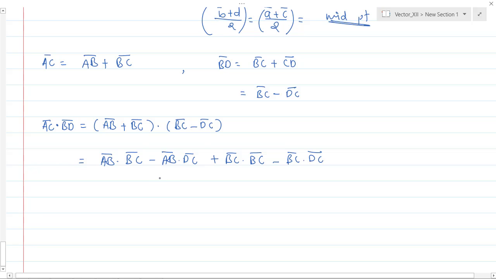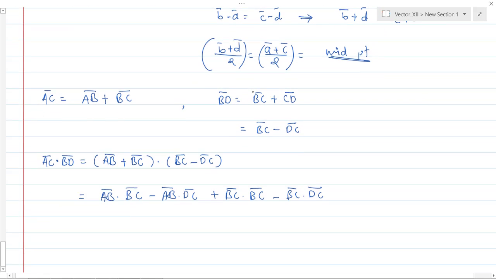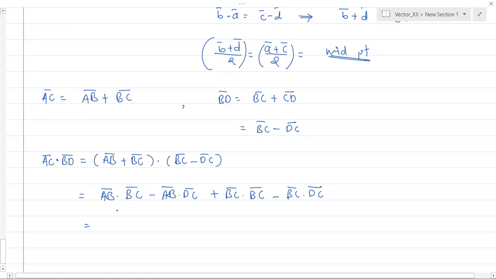Okay, so what can be cancelled out? Do we have any cancellation here? See here, we have AB equal to DC. So let's substitute AB equal to DC. So AB bar dot BC bar, minus AB bar dot DC bar, is nothing but AB bar squared.